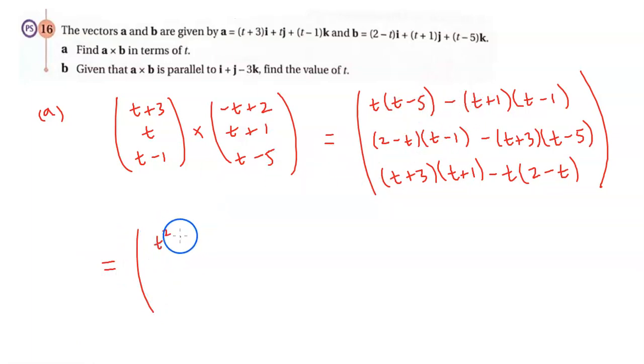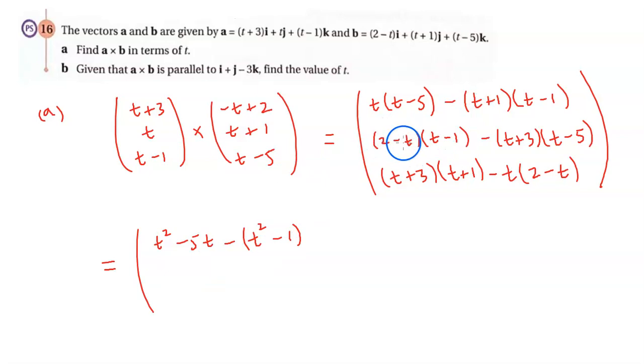So t squared minus 5t minus t squared minus 1. So that's the first column, the first row.